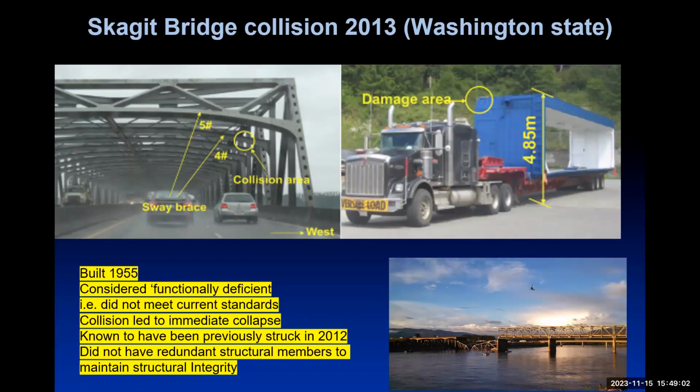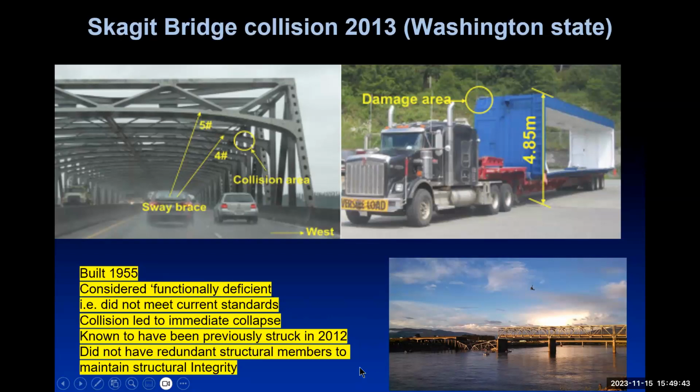In other words, it didn't meet the standards of the codes of practice in 2014, which is when the collapse occurred. This is over in Washington State. In practice, what had happened was that a truck had driven on the bridge and had collided with a number of these truss members in the bridge, and we had a failure of a single section.